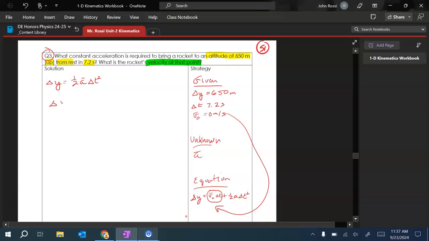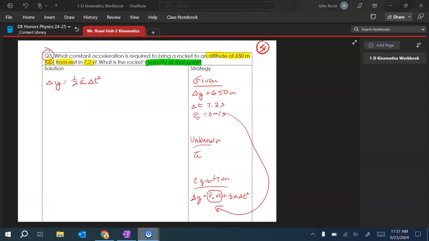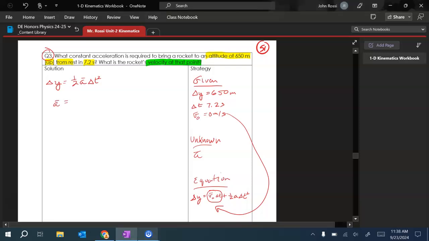My delta y is 1/2 times acceleration. I'm gonna pause. All right, I started to rewrite the equation. I'm not quite Hollywood yet. So rearranging it, my acceleration is going to be 2 times, instead of 1/2, it's 2 times the displacement, divided by the time squared.